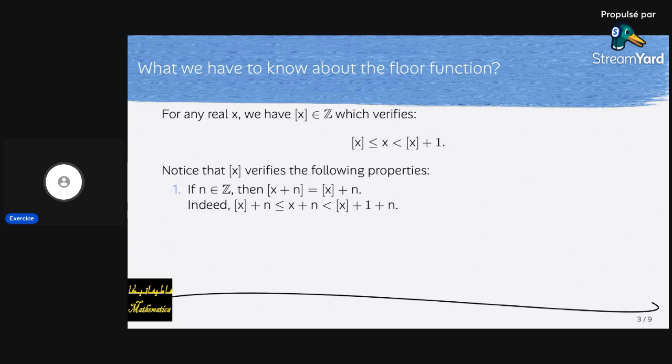If n is an integer, then the integer part of x plus n is equal to the integer part of x plus n. The second property to know is that if x is not an integer, then the integer part of minus x is equal to minus the integer part of x minus 1.